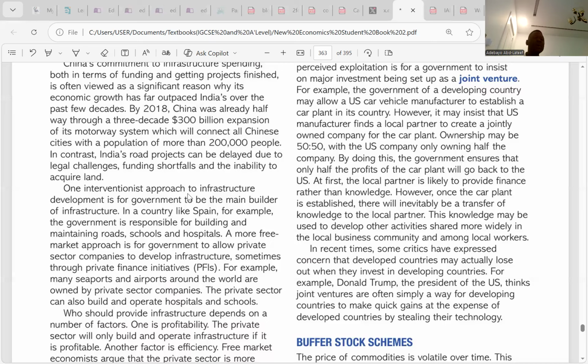So the criticism about having a joint venture is that it puts the developed countries in a worse situation because whatever happens, the owner of the land is the owner of the property. Do you understand? Because anything on land is land. The only thing you can take is the capital, the cash you have.